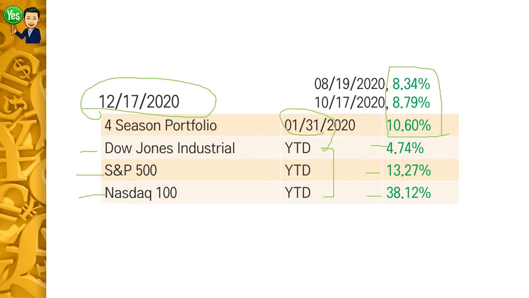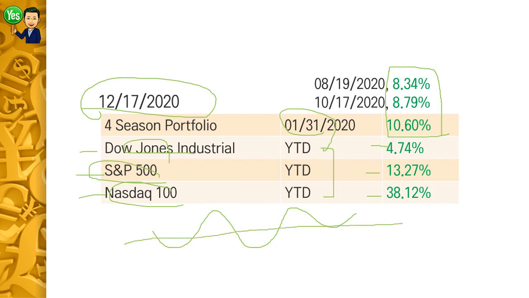So as you can see, the S&P, Nasdaq, and Dow Jones are more volatile than the 4-season portfolio. The 4-season portfolio goes this way, and the Dow Jones, S&P, and Nasdaq go more this way.